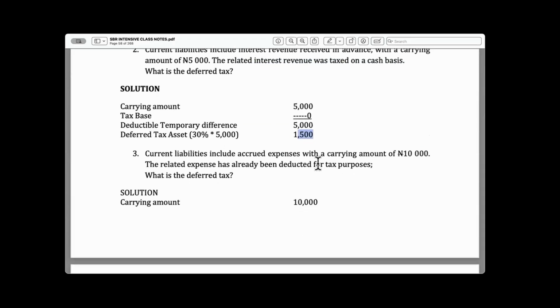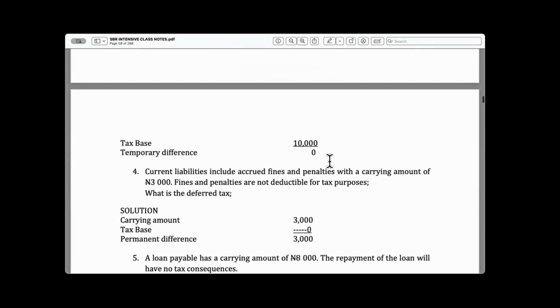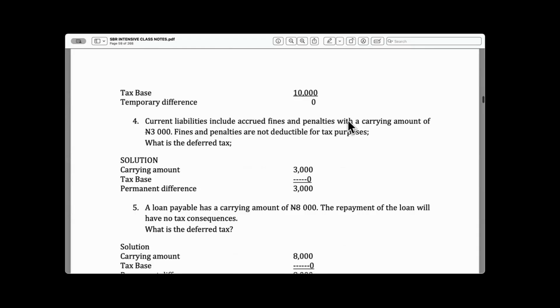Also, there's an accrued expense with a carrying amount of 10,000. They have already captured it, so there's no temporary difference. The taxman also has included it in this case. There's a fine and penalty that are not included. There's a permanent difference because these are fines and penalties.